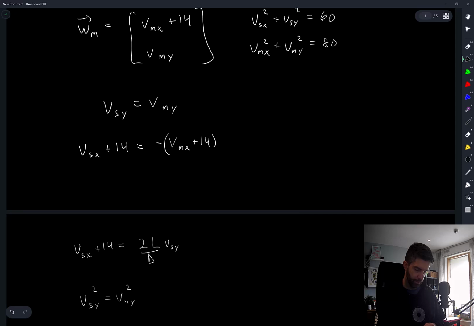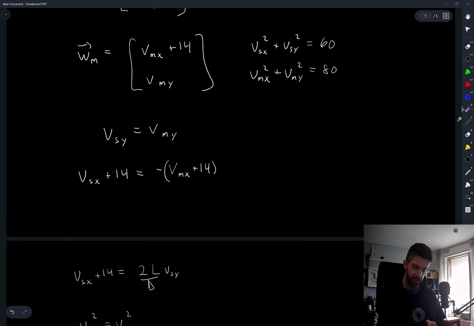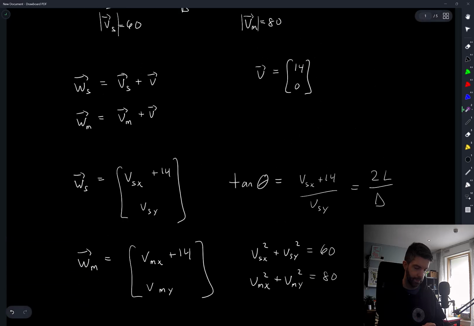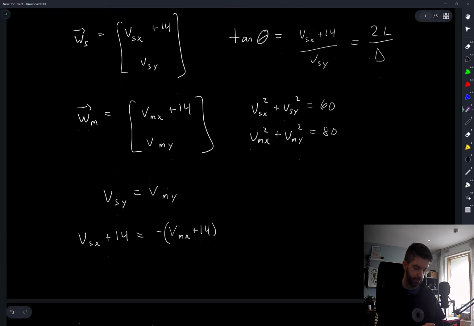I also know some numbers are positive and some are negative. I know that this is negative. Right? Melanie is clearly swimming to the left.